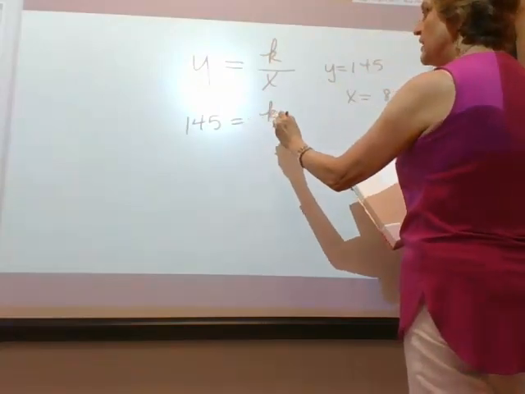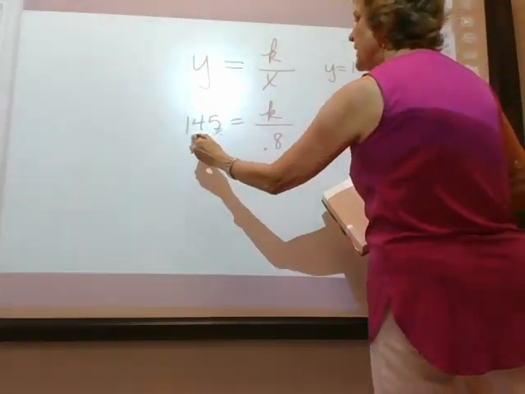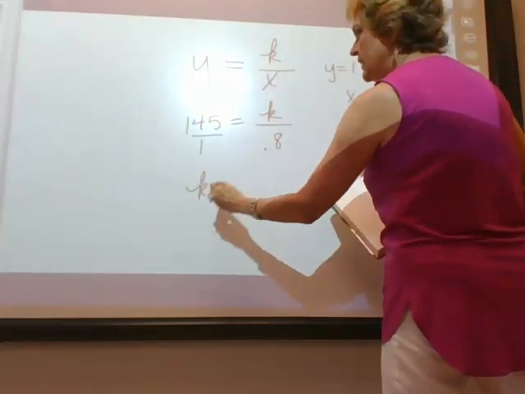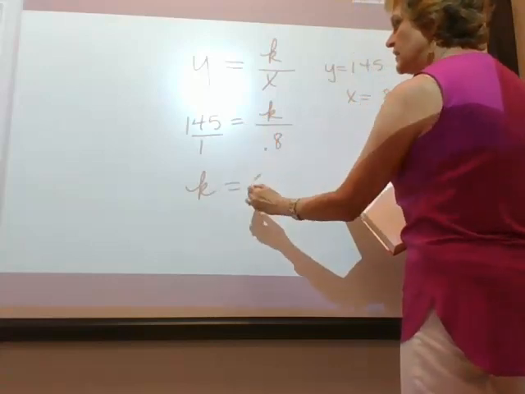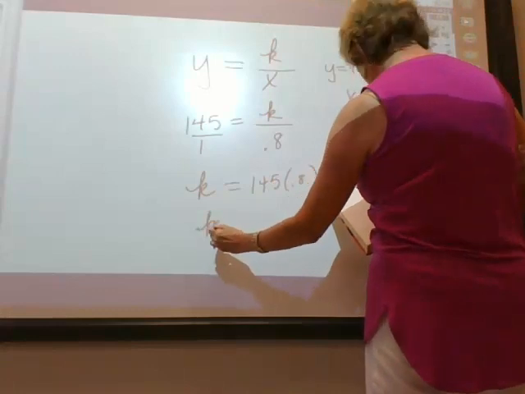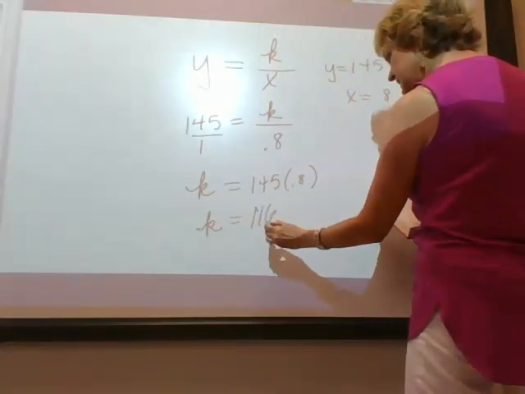I'm looking for the constant. The x is 0.8. All right, so think about this. If this were over 1, wouldn't I cross multiply? So 1k is 145 times 0.8. So my constant here is going to be 116.